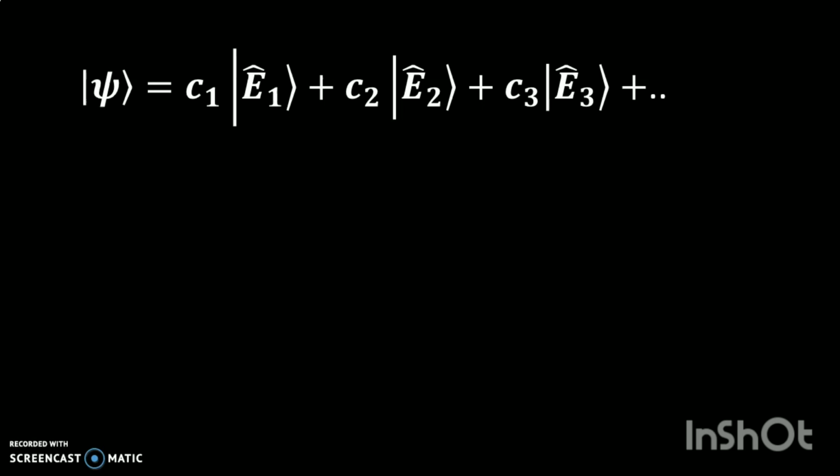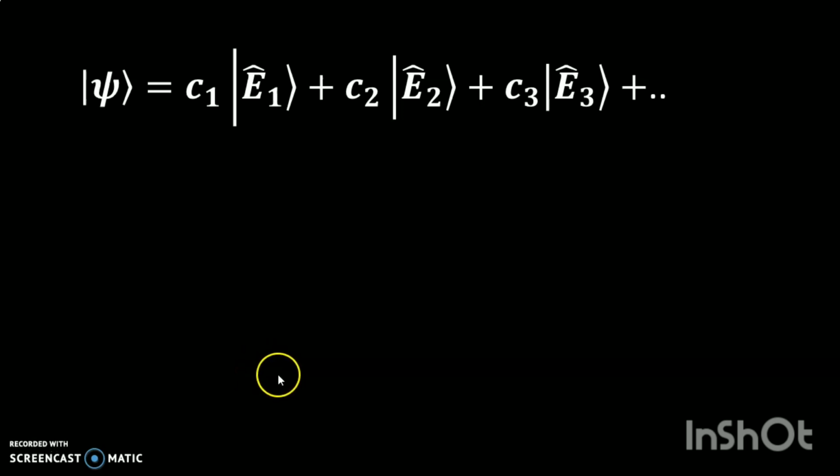The particle has to have some value of energy when we measure it. Thus, it must be in some superposition of the energy eigenstates. This must also be true of every other observable we can measure. Therefore, the eigenstates of an observable must span the entire space.